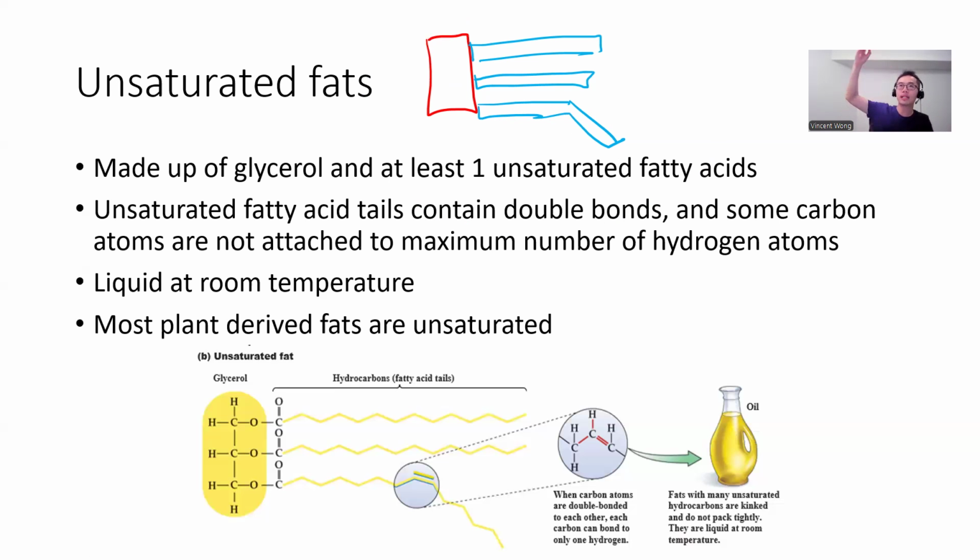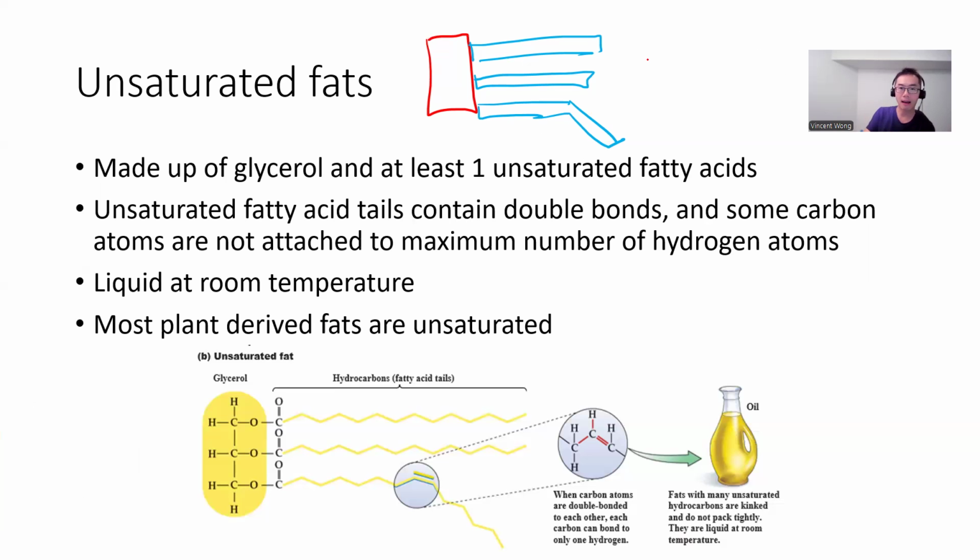So people sometimes get confused between saturated fatty acid versus saturated fat. The fat is the whole molecule, glycerol plus the fatty acids. If one of the fatty acids is unsaturated, then the whole fat molecule is considered unsaturated. So you can have a molecule that looks like this, that's unsaturated.